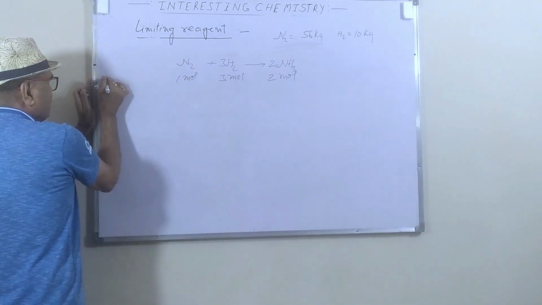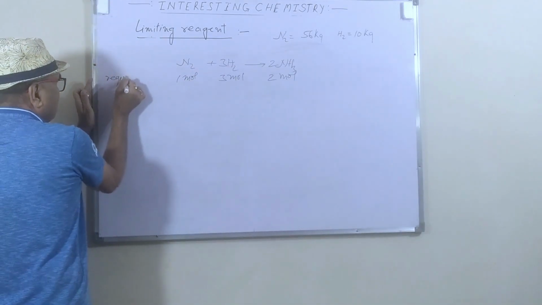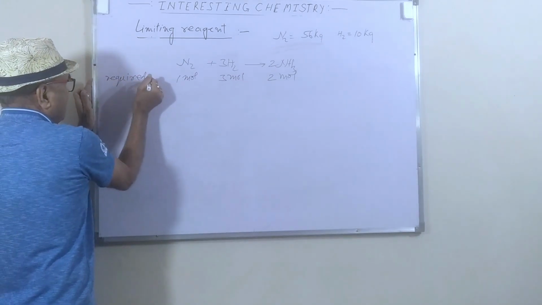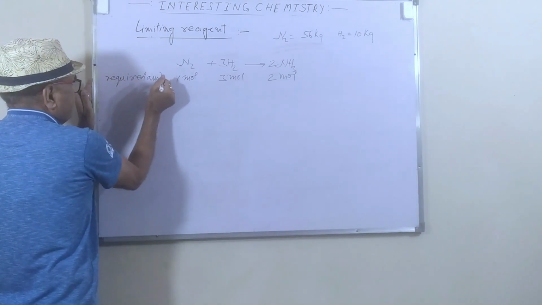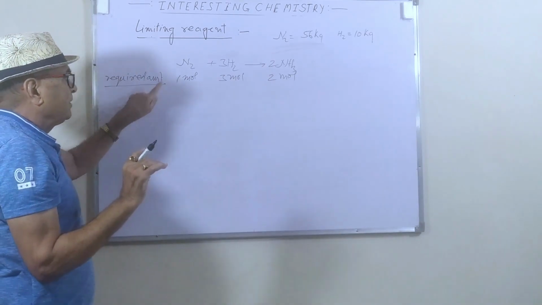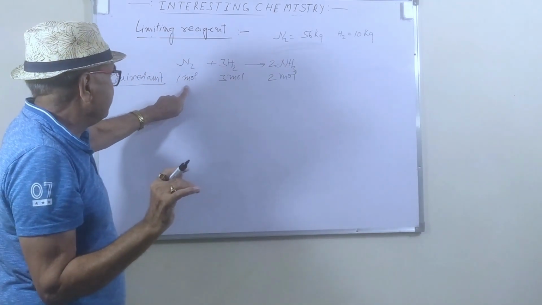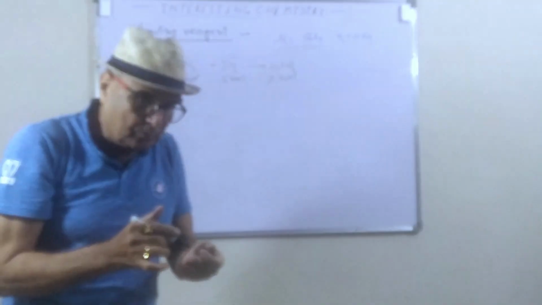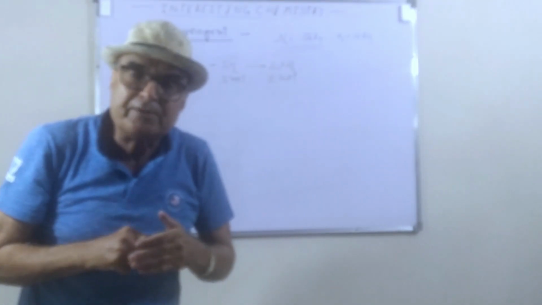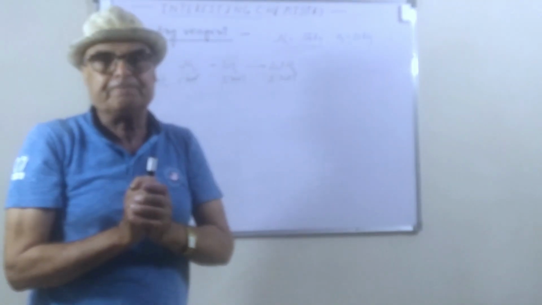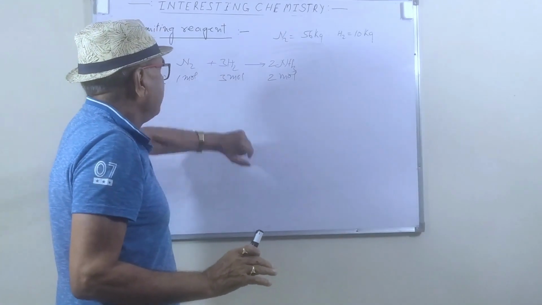This is the required amount for this reaction. The required amount you have noted from the balanced chemical equation. This is required for the product.